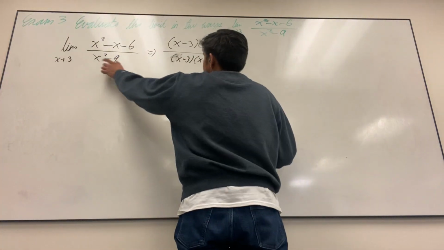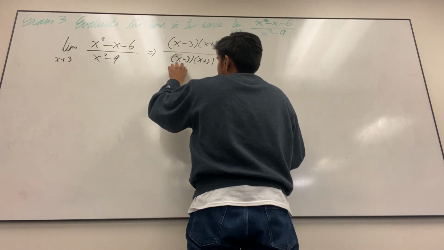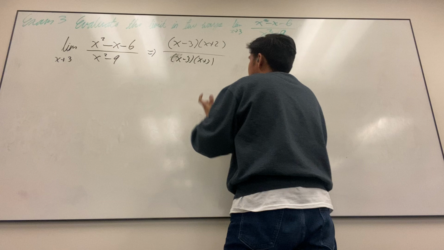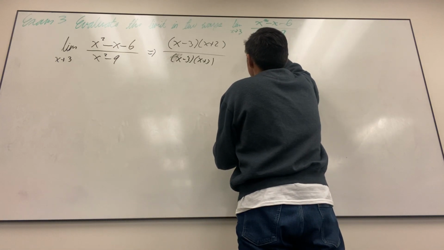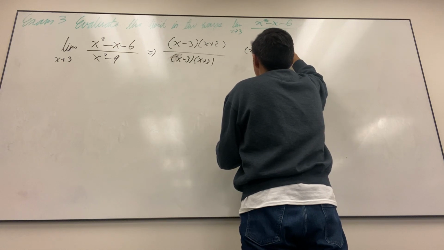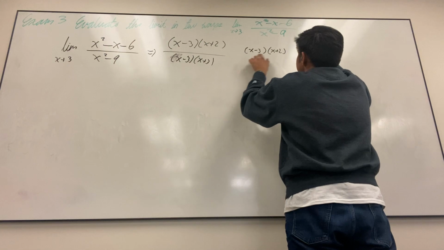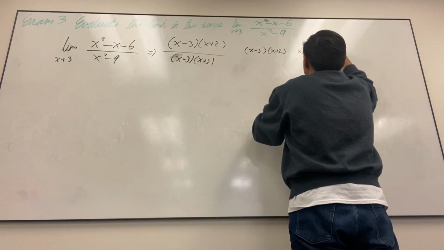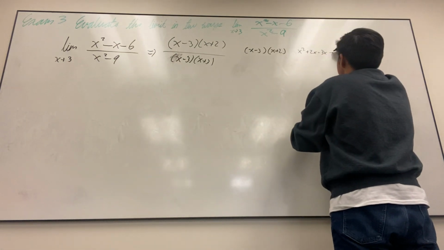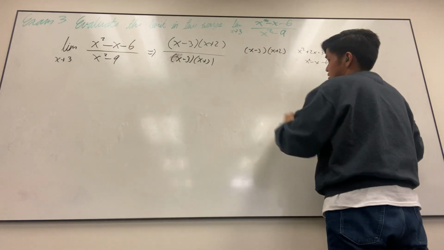When you factor this out, the numerator is x minus 3 times x plus 2, and the denominator is x minus 3 times x plus 3. You can double check by multiplying them out. x minus 3 times x plus 2 gives you x squared plus 2x minus 3x minus 6, which is x squared minus x minus 6, so that checks out.